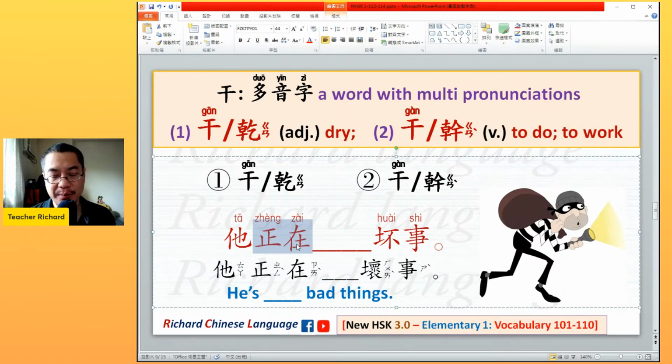We have talked about this grammar point many times, time after time. 正在 is the progressive tense in Chinese, which means you're doing something now, at the present time. 他正在干坏事. 坏事: 坏 means bad, 事 means thing. So should that be 干 or 干?